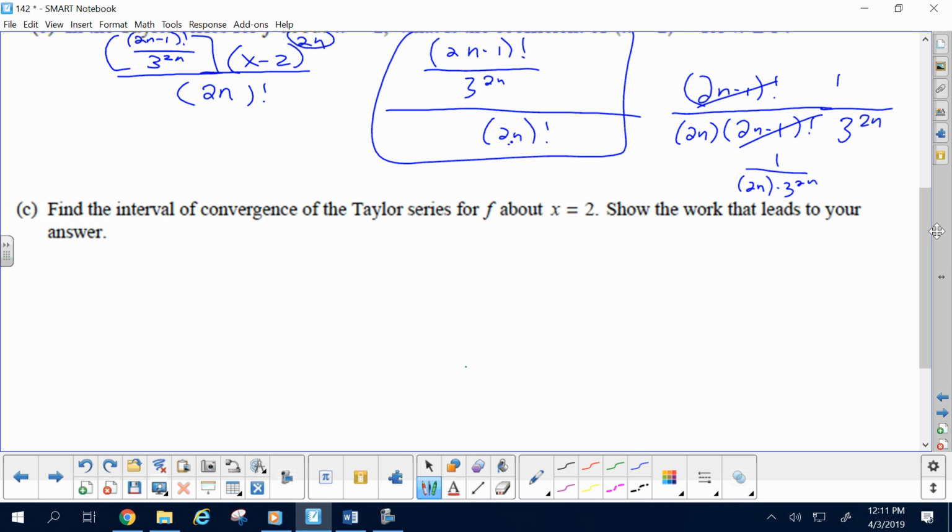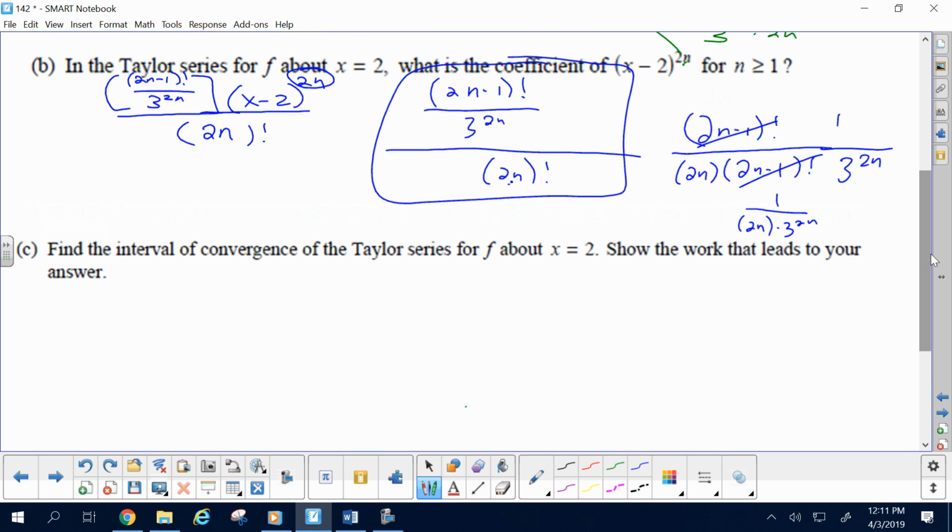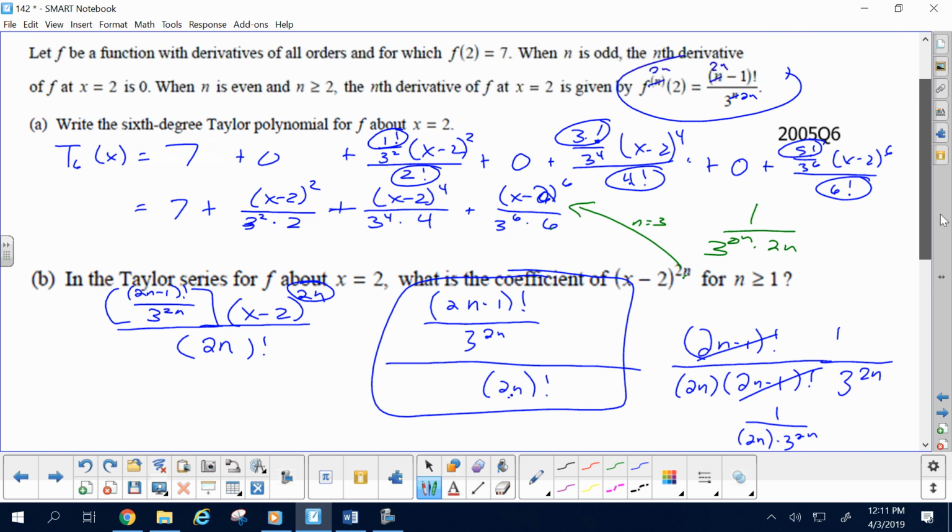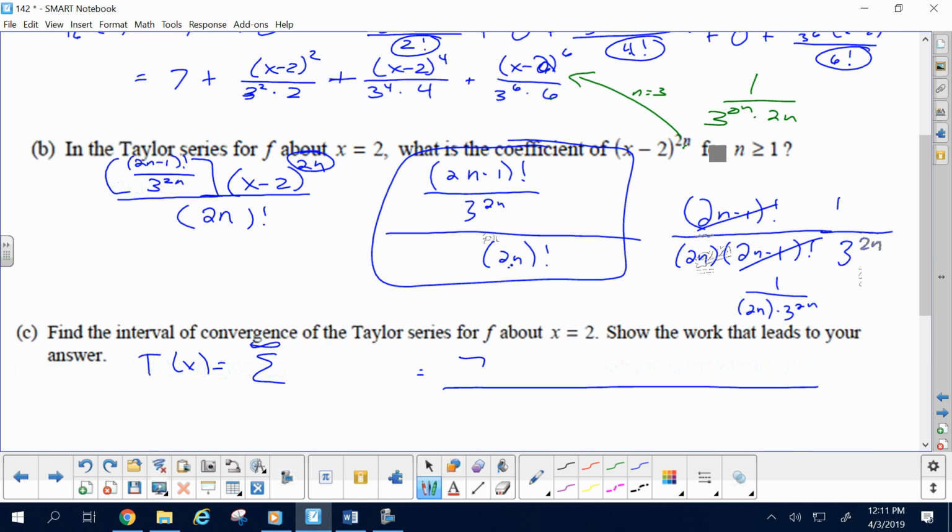Okay, so the idea for interval of convergence is you're trying to say, based on this Taylor series, which I haven't even written a general term on yet, which I could write with a summation or with the terms 7 plus and so on. There are two ways to write a series, and I would like you to be proficient in both.